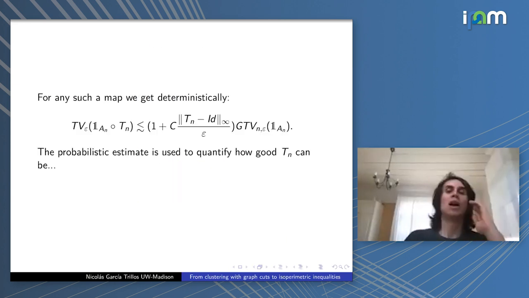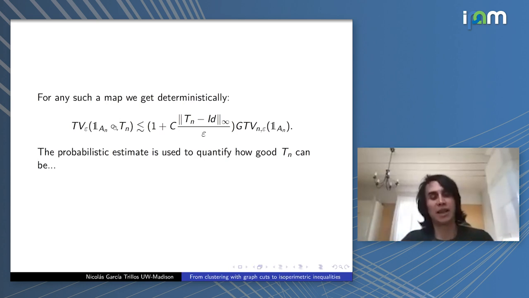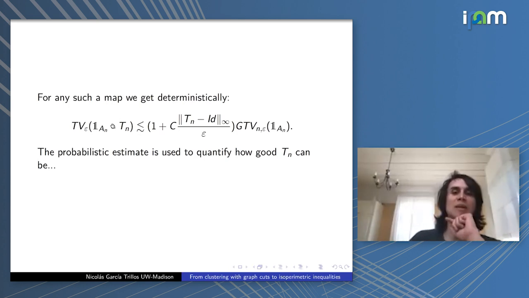Then what you can see is that there is an almost deterministic relationship between the graph TV of the original set and the non-local TV for this set that I constructed by composition of these maps. And then we say, well, if this term over here I can make small, then we get the relationship between this graph TV and this TV epsilon that I wanted.